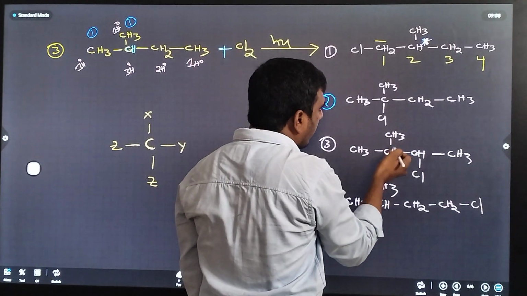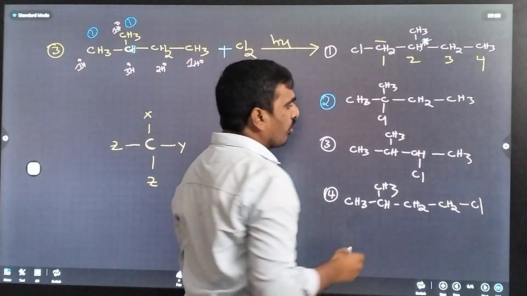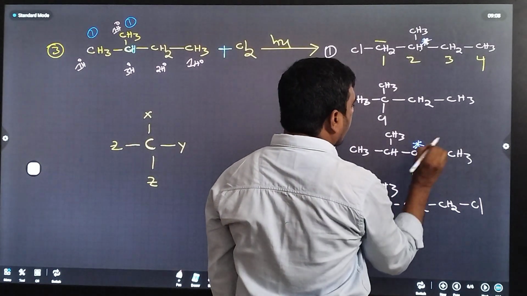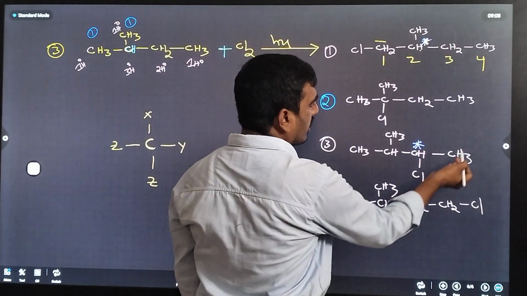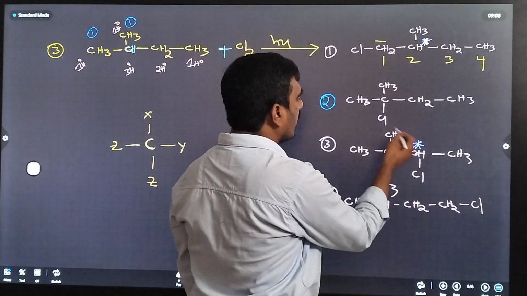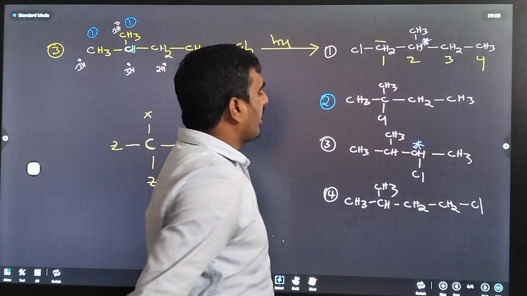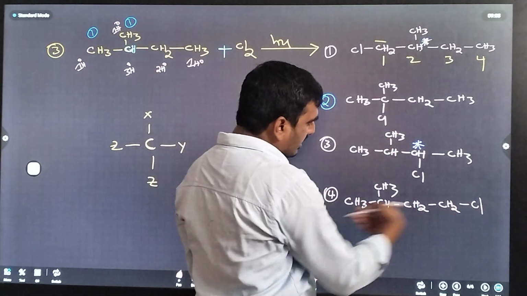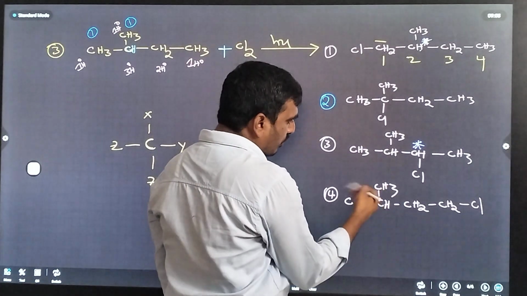This carbon contains 2 methyl groups, no chirality. This is the chiral carbon because it has 1 hydrogen, 1 methyl group, 1 chlorine, 1 isopropyl. So that's why this is the chiral center. Here in the last one there is no chiral center because this carbon has 2 methyl groups, the same.